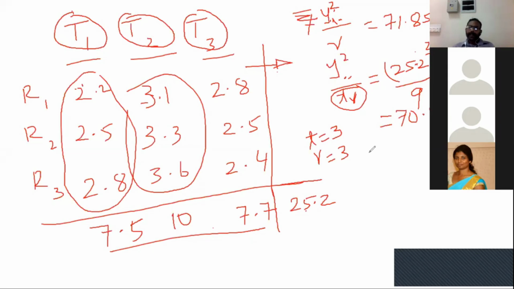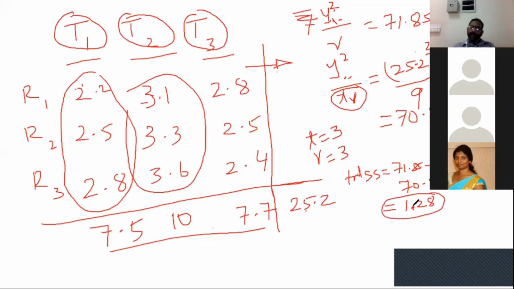So what is the treatment sum square then? 71.85 minus 70.56. Is it clear? So that is equal to 1.28. Right. So this is the treatment sum square.